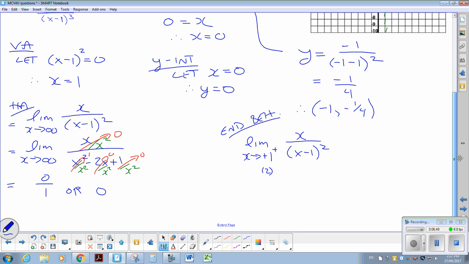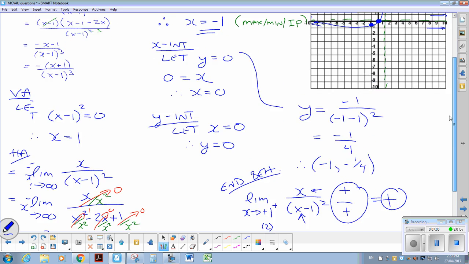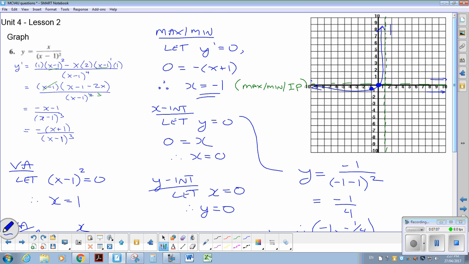If I put 2 into the equation, the numerator is going to be a positive number. 2 minus 1 is going to be 1, a positive number. Positive divided by a positive is going to result in a positive. So that means my y values dictate that the graph is going to exit here. Because I can't cross the x-axis, I know then I'm going to come down and join that particular arrow there, and that one would disappear. So that's what number 6 would look like going through the graph.